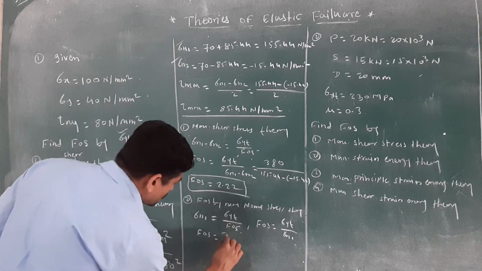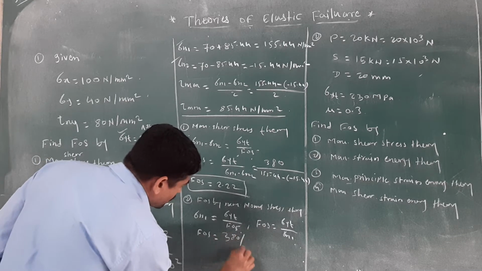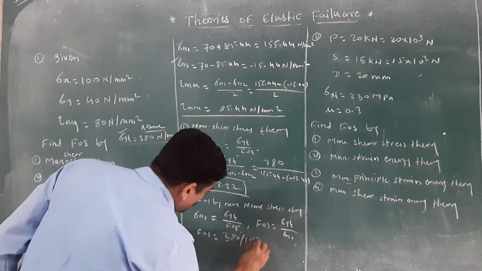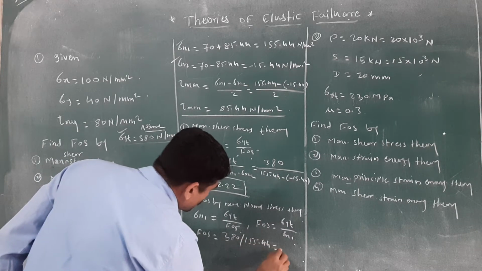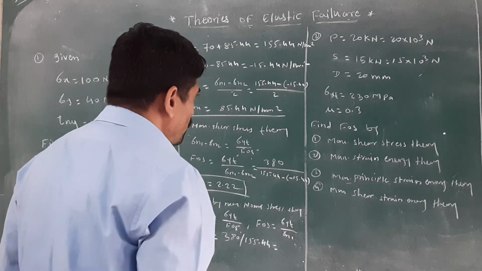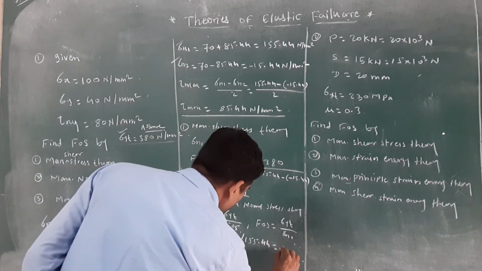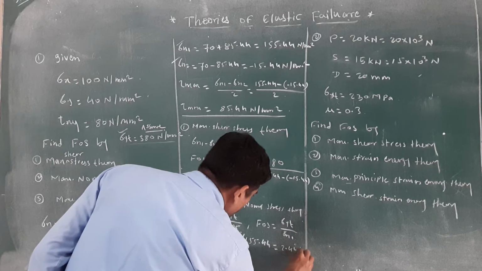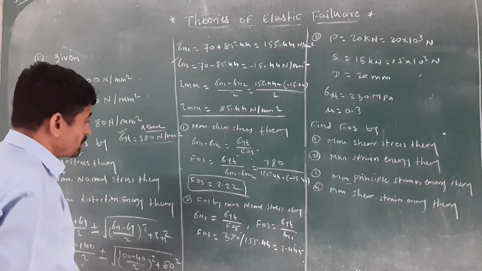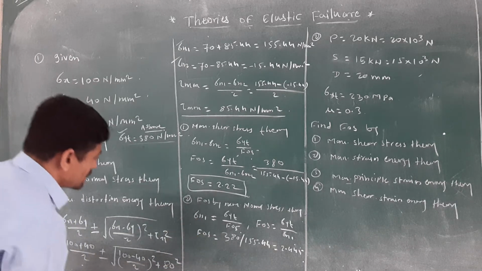What is the value? 380 divided by, what is the sigma N1? 155.44. You will get this value as 2.445. And in a similar way you have to calculate the factor of safety by minimum principal stress.